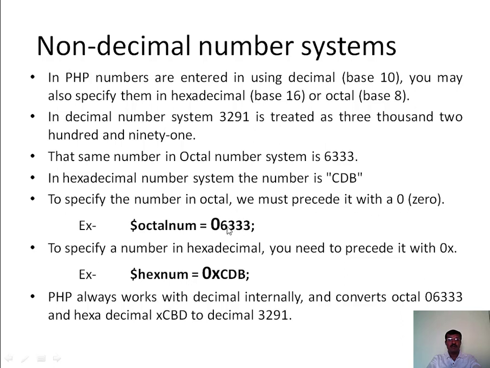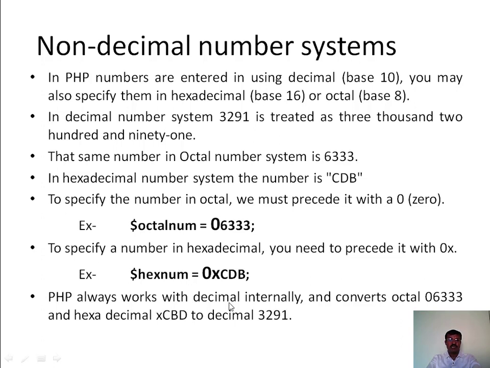To specify a number in hexadecimal, you need to precede it with a 0x. So here is an example. Here I am using 0x in front of the hexadecimal number, that is CDB. Then only this value will be treated as a hexadecimal value. If not, it will be treated as a decimal value.